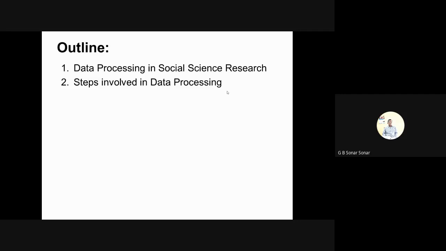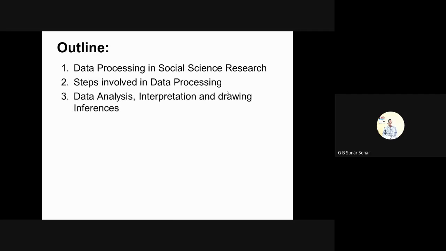In the process of research, data processing is one of the important steps. Within data processing, there are certain established steps which need to be followed for doing data processing scientifically and to enhance the quality and consistency of the data for better findings.